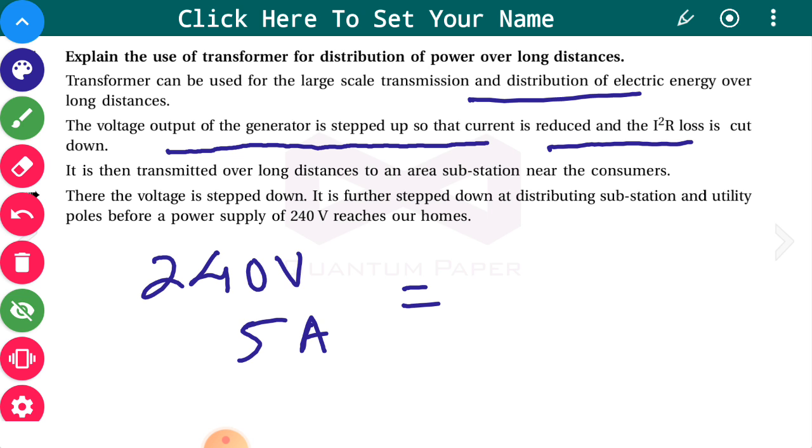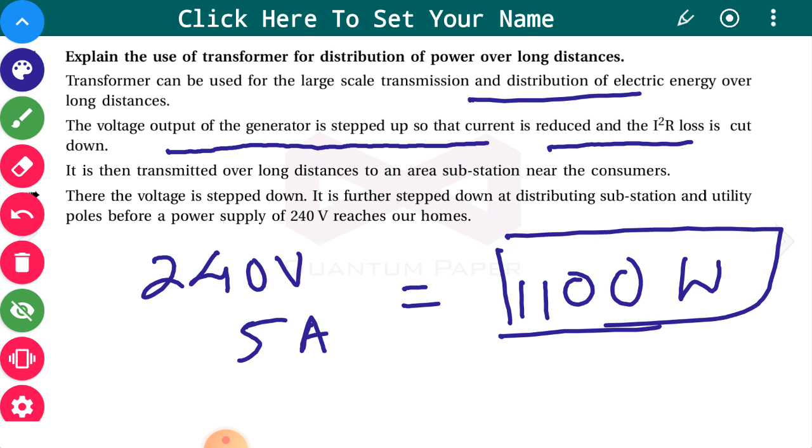the power is equal to 240 times 5, 1200 watt. This will be the power in our day to day home appliance, or we can say in our day to day home circuit.